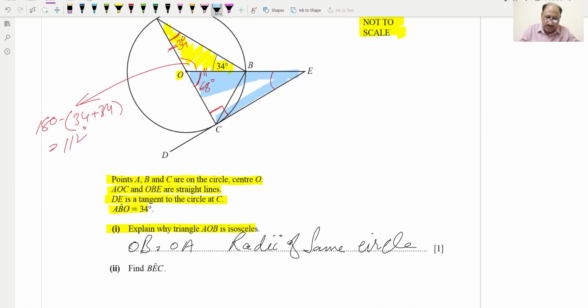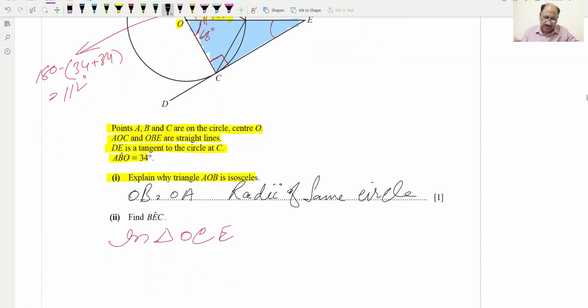Hopefully you are understanding each and everything, and this triangle we are considering, and we can write in triangle OCE, angle OCE is equal to 90 degrees, and angle COE is equal to 68 degrees.